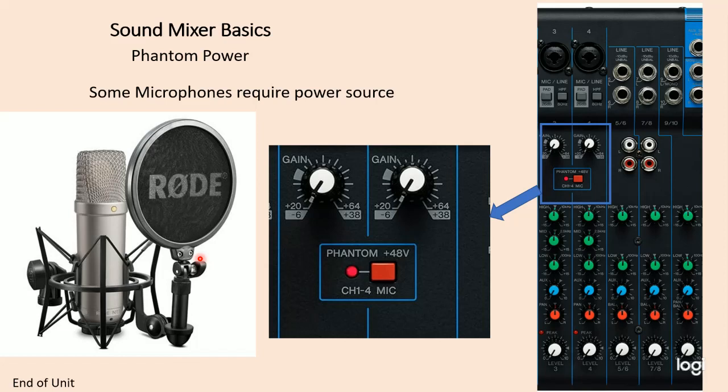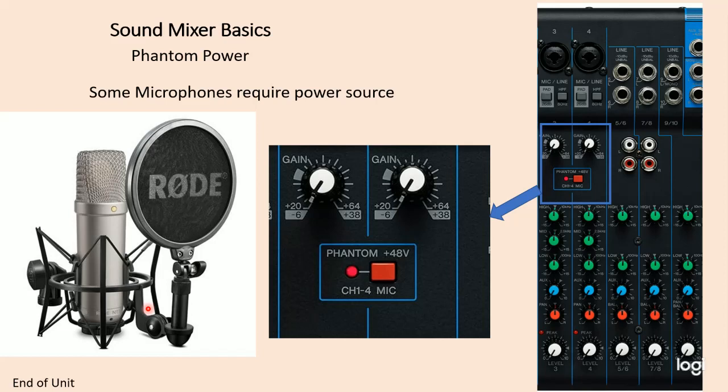Others are much more sensitive, and those super sensitive mics actually require either a battery on the microphone or to be sent power from the mixer. And what phantom power does is sends a 48 volt signal to the microphone, right? The microphone is then able to use that power, that voltage, to be able to create a very sensitive signal that then the soundboard could read.